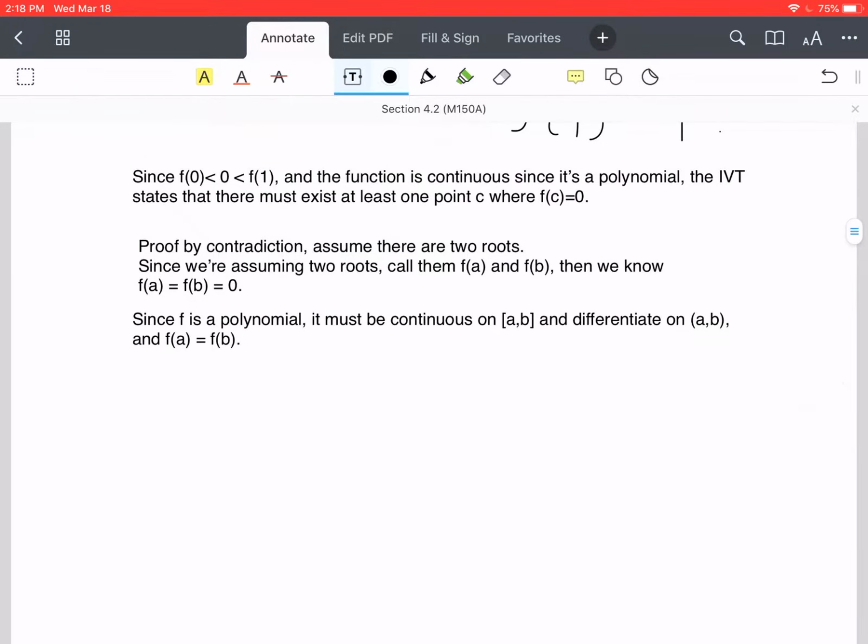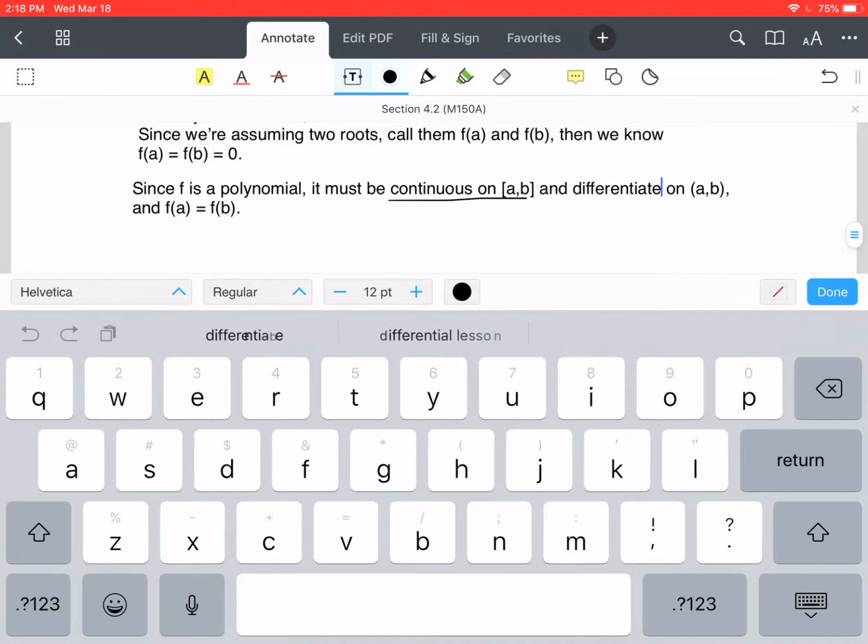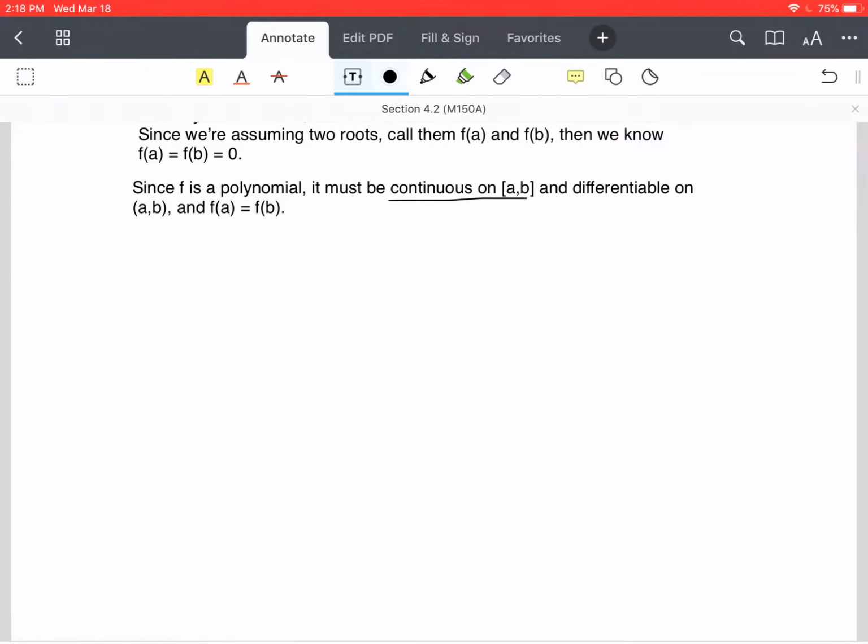These three statements: it's continuous on the closed interval, it is differentiable on the open interval, and f of a equals f of b.